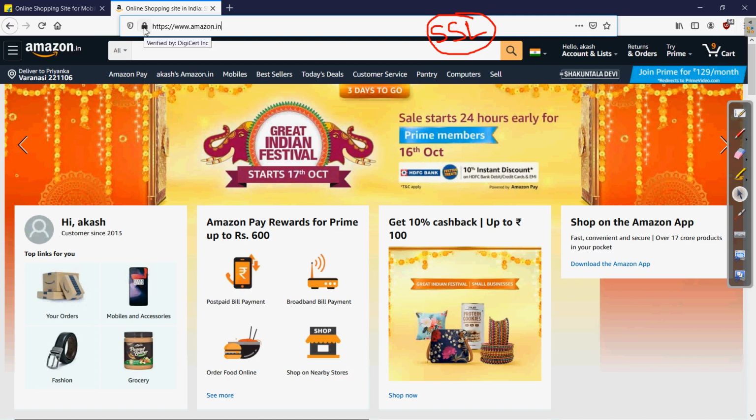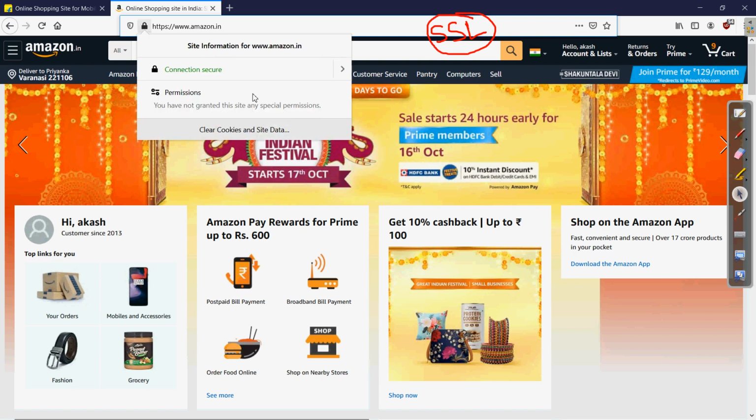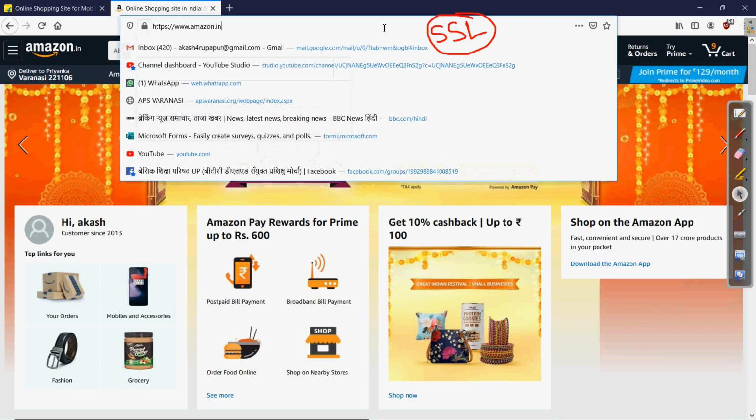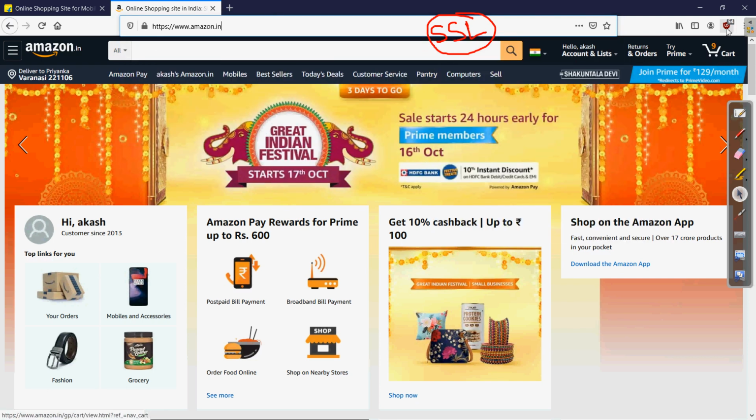When we point to this lock symbol, you can see it is verified by some certification. These are the different forms which authenticate, and this ensures that the connection is secure. Clear? So these are the ways using which we can ensure that the website is secure and we can use them for the digital payment. Clear?